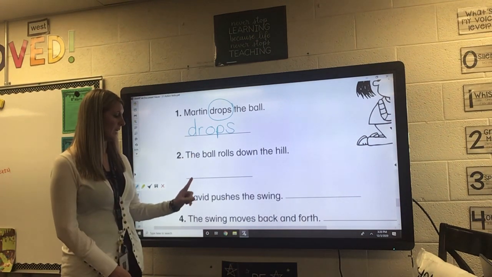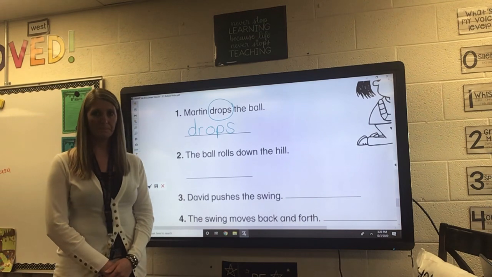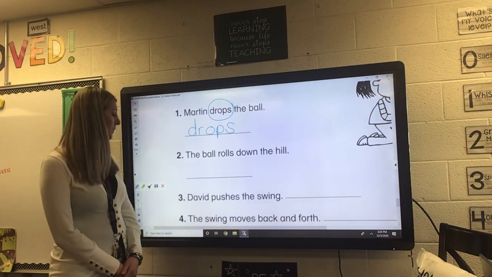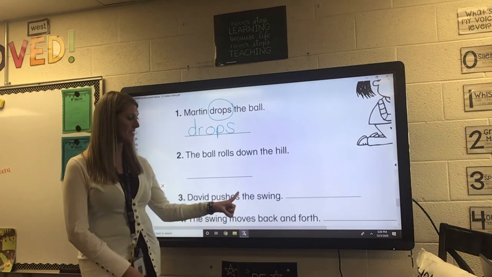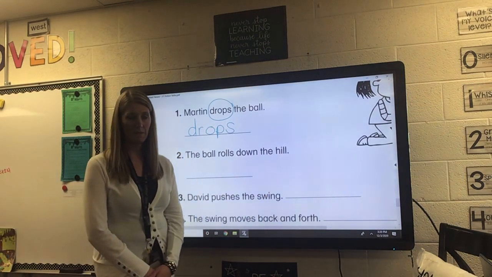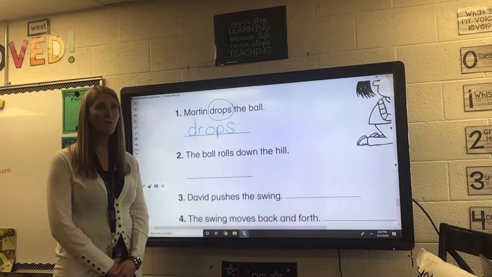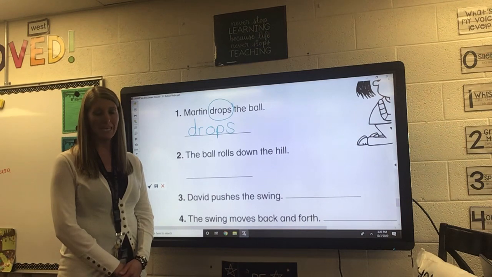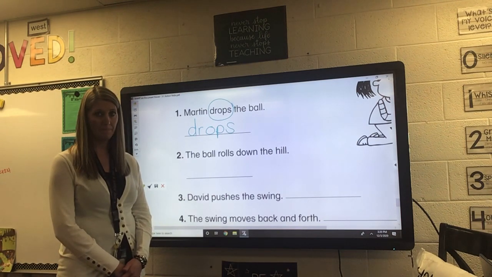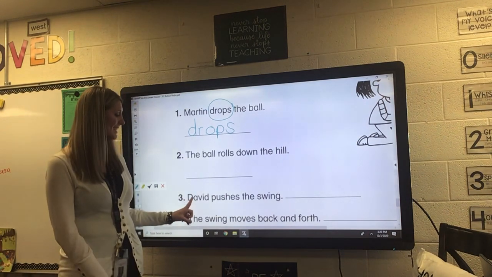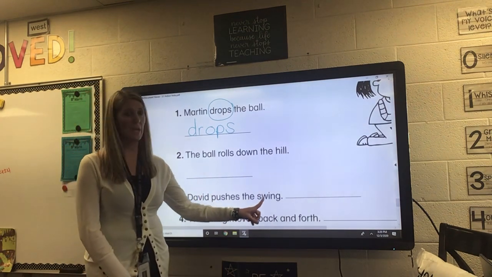Circle the verb and write it on the line. Number 3 says, David pushes the swing. So think, what is the verb? What is something that can be done? What can you do? I'll read it one more time. David pushes the swing.